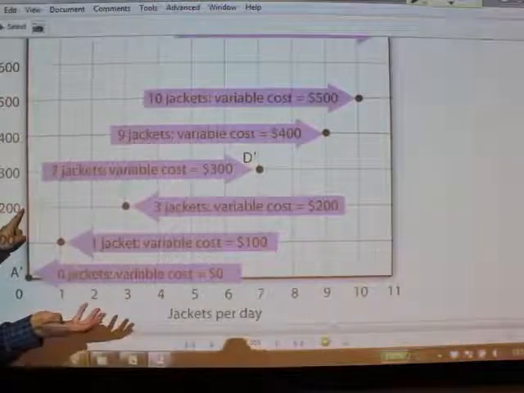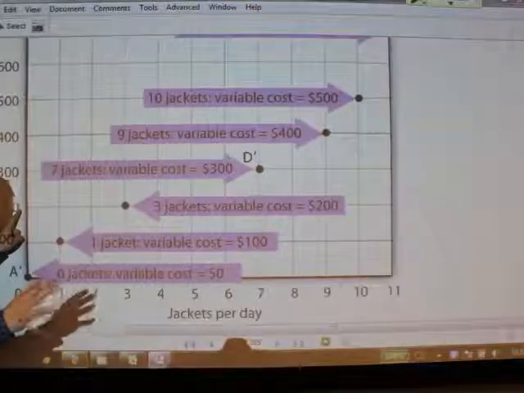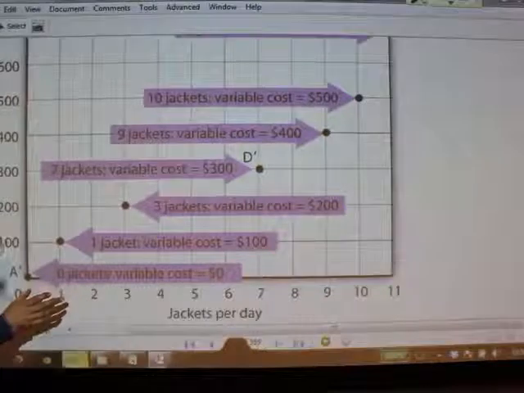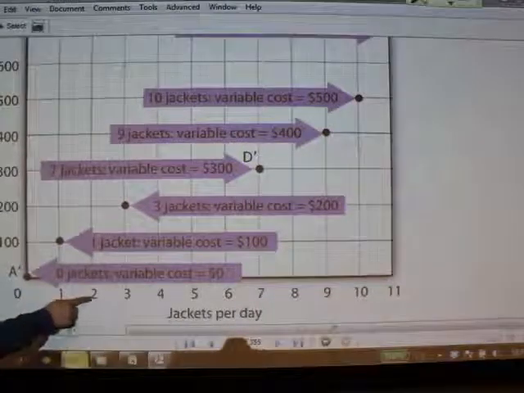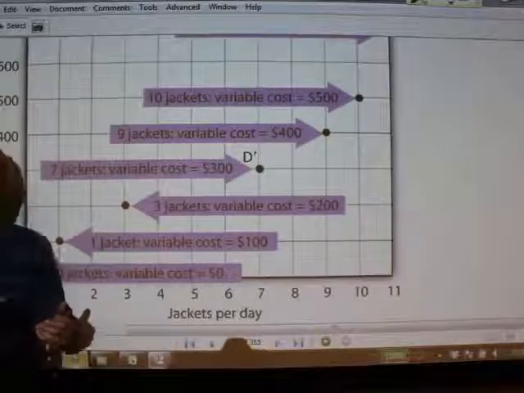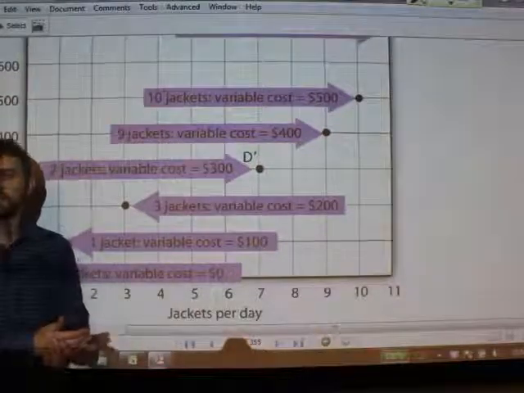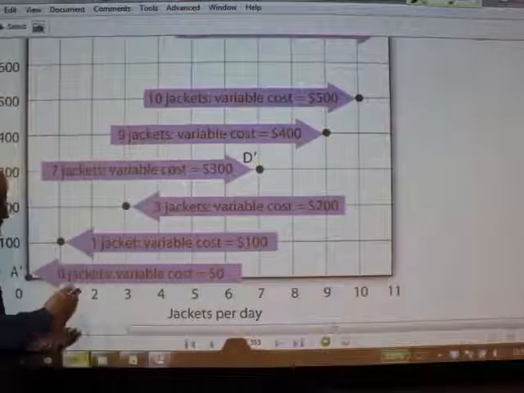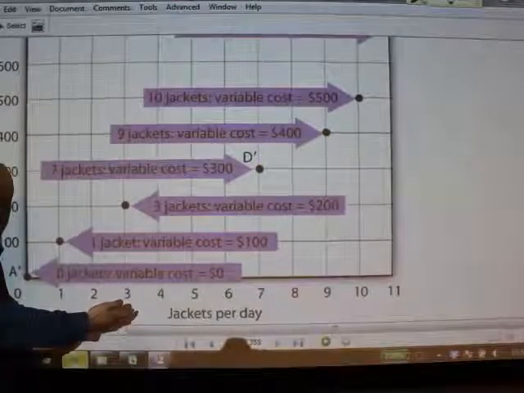And so on. Now, here's one thing that might be hard for you to note if you're just reading this. How much does it cost to produce 2? Well, if we're talking about hiring full-time workers only, then we can't produce 2. We can either produce 1 or we can produce 3. Right?